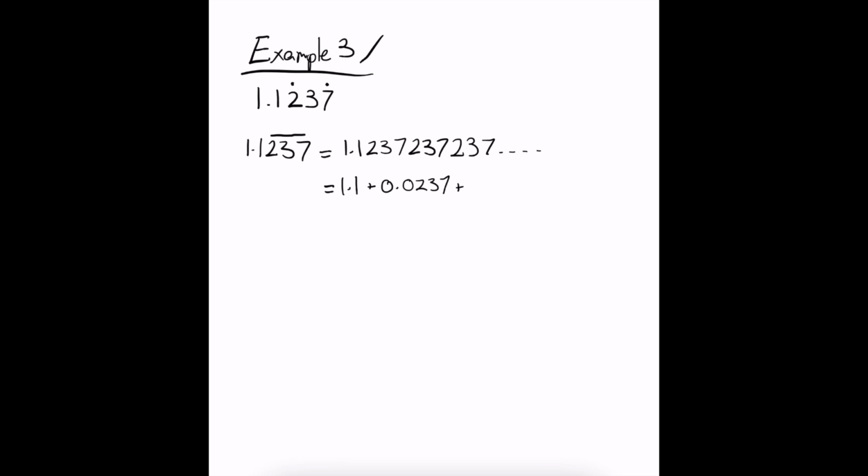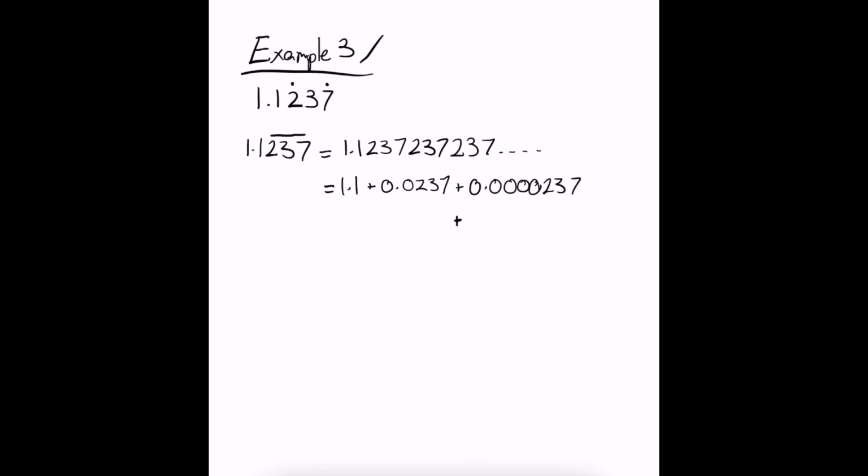The next term is going to be 0.0000237. So we've got this 0, which was the digit relevant to the 0.1, and then we've got these 3 zeros, which were relevant to the 237 in the previous term. And now we've got the 237 that repeats itself.